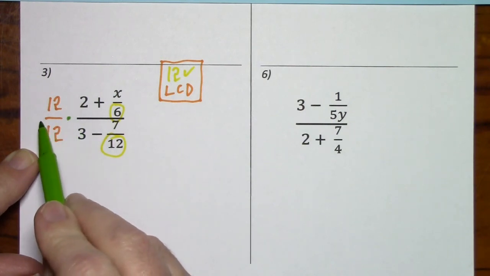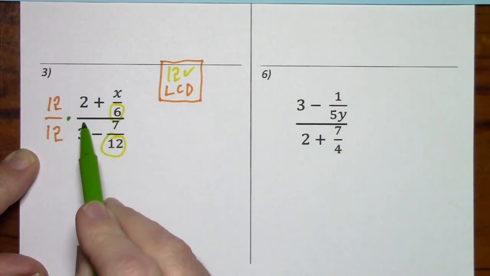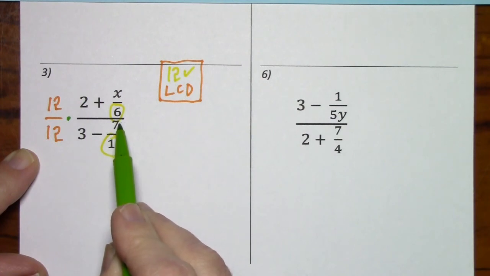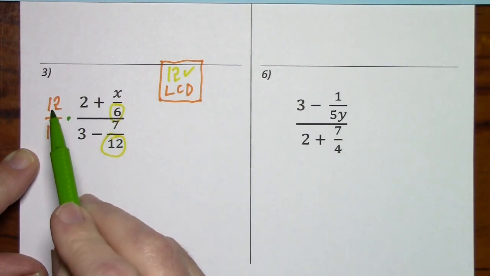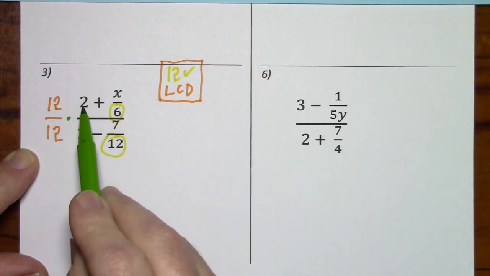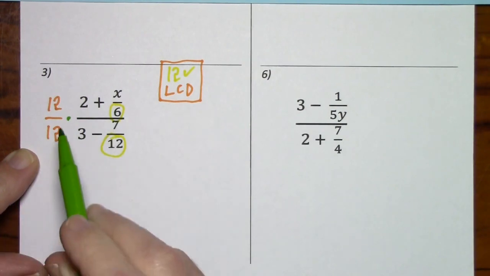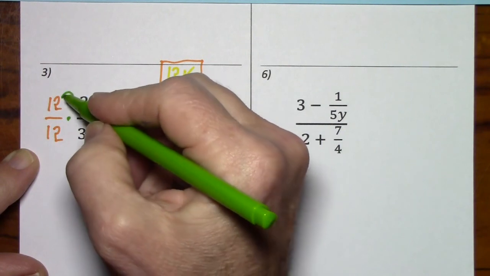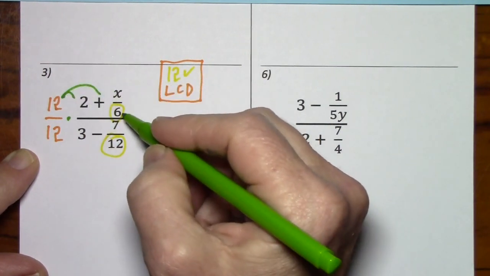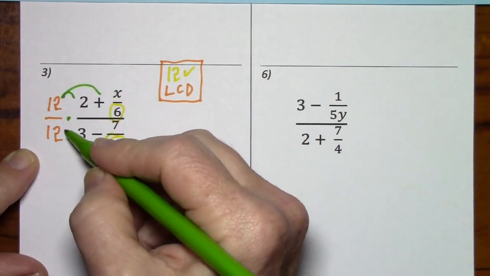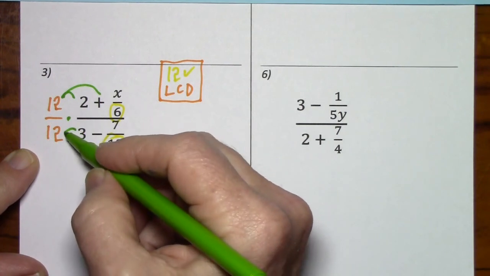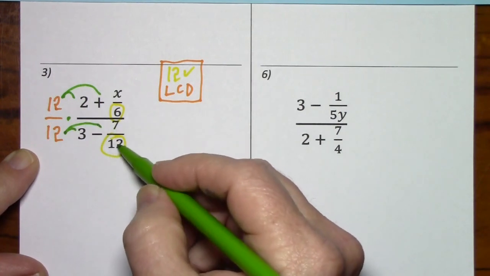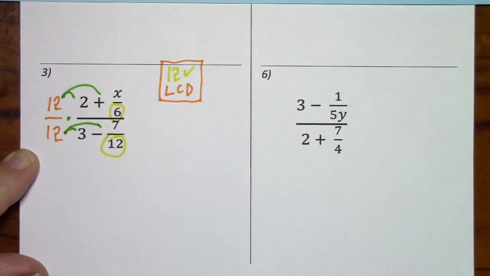What this is saying is this fraction multiplies this fraction. So each term here has to multiply each term here. That is, the 12 gets distributed to the 2 as well as the x over 6. It gets distributed to the 3 as well as the negative 7/12.